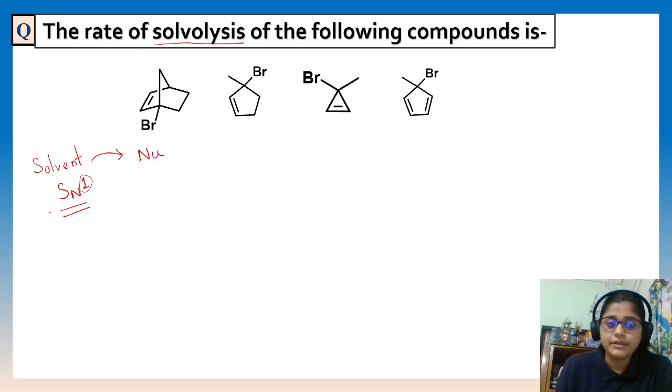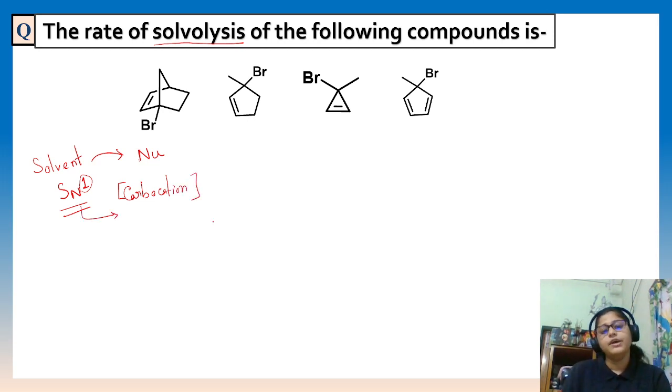In the mechanism, just remember that in an SN1 reaction a carbocation forms as an intermediate.